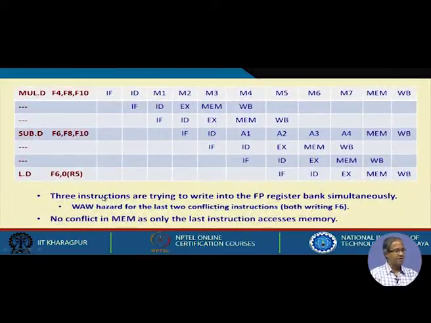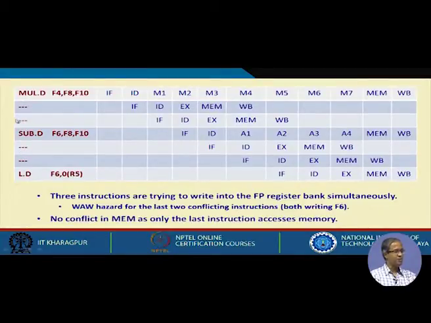Okay. Fine. Now, another interesting example here results in a write after write hazard, which was never possible in an integer pipeline. There are 3 instructions I am showing: a multiply, a subtract, and a load, with 2 instructions in between.